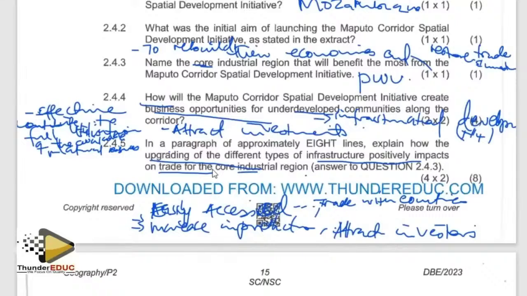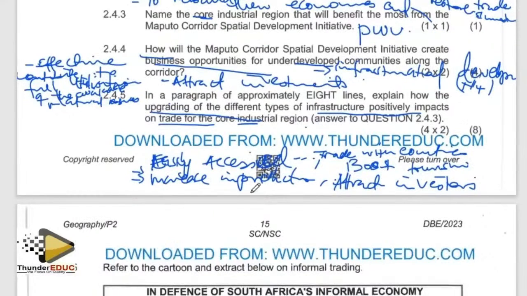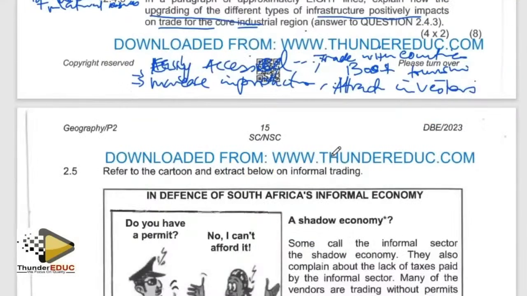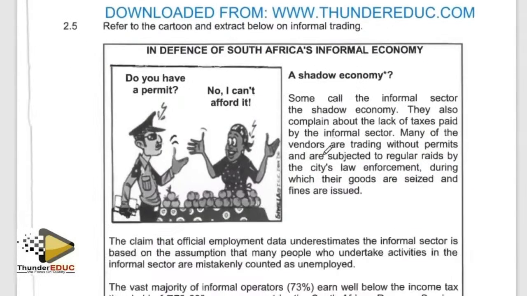The area is well developed, production has increased, therefore people will easily trade with those areas, and that will improve development. It will also boost tourism in the area. All those are benefits that you can write in a paragraph format. You'll excuse me for my handwriting, but I'll improve over time.